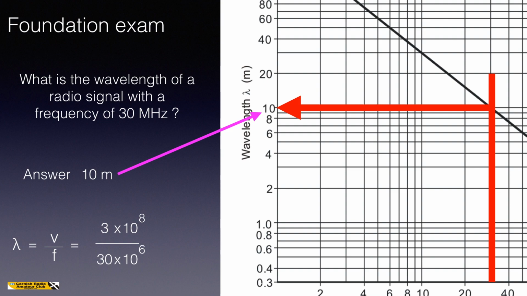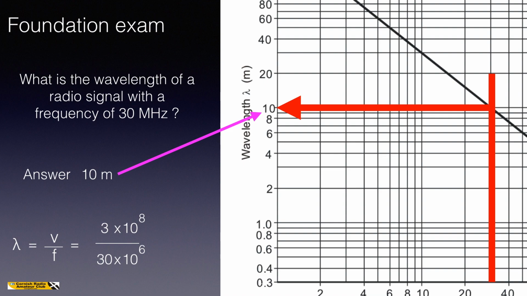So the answer then of what is the wavelength of a radio signal with a frequency of 30 megahertz, the answer is 10. Then on the bottom of the screen, you can also see using the triangle, lambda equals V over F. If we cover up lambda, we see that it equals V over F, which is 3 times 10 to the 8th over 30 times 10 to the 6th.